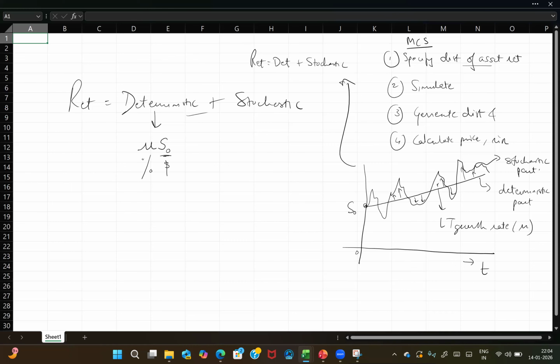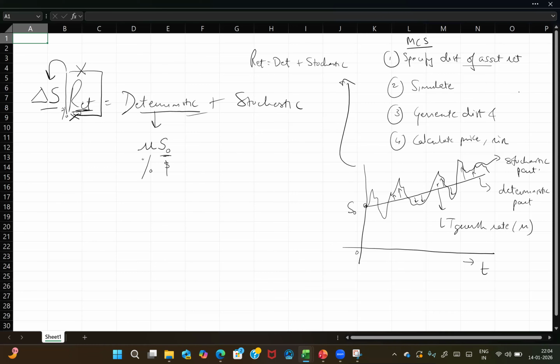Say a mean return is 10% over a $100 stock. Can I say the mean is 10, right? So ultimately I will get the return not in terms of percentage here, but in terms of change in the price of the asset. Please note, you're not getting returns here, you're getting change in the price of the asset.